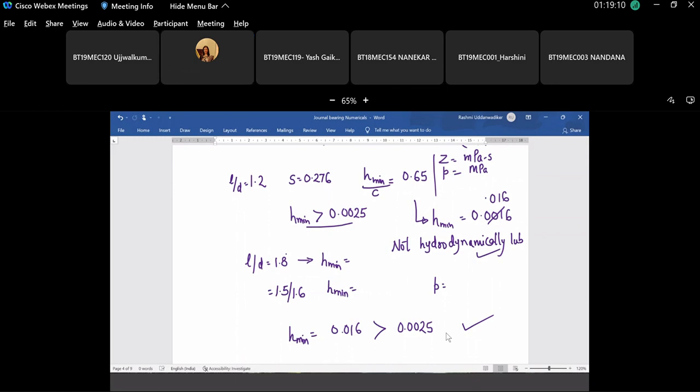So this completes our sliding contact bearing. Next week we are going to start with the rolling contact bearing, and I'm looking forward to teach you in a physical mode from next week. Hope you will be attending the lectures in good number. So if it's 100 plus students, then we can have it in physical mode.